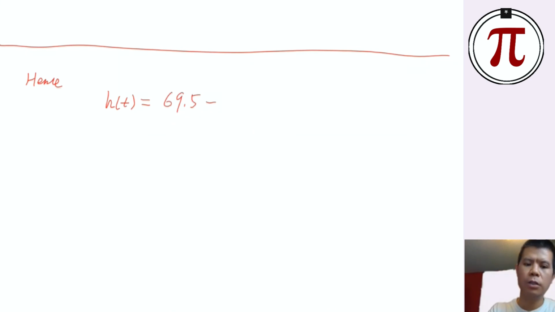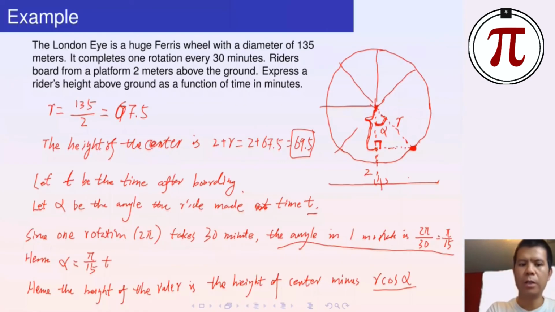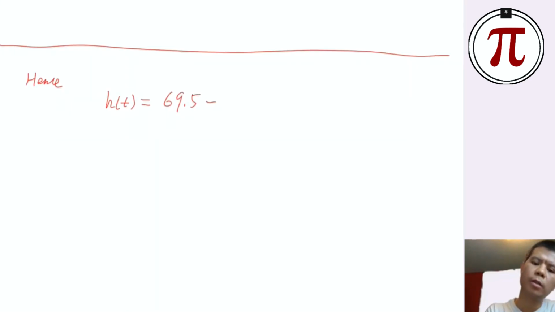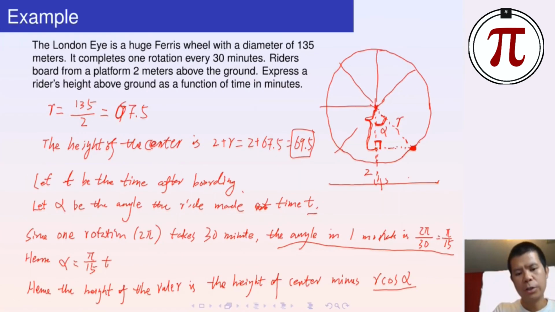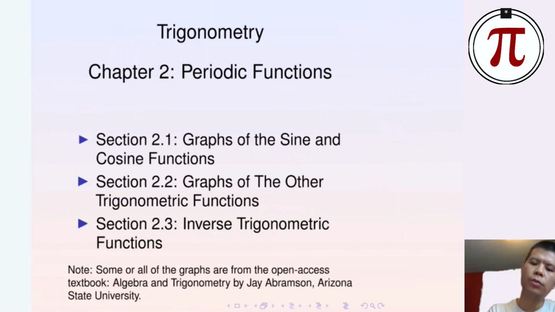Minus r, which is 67.5, right? Radius, 67.5, times cosine of alpha. Now alpha is what? Alpha is, as we can see, pi over 15 times t.